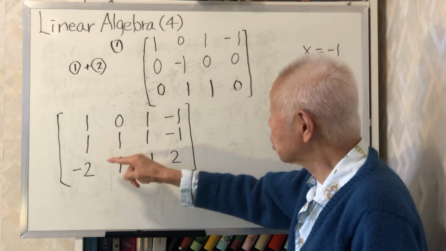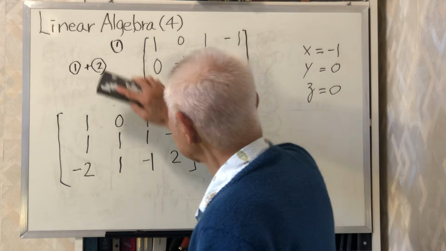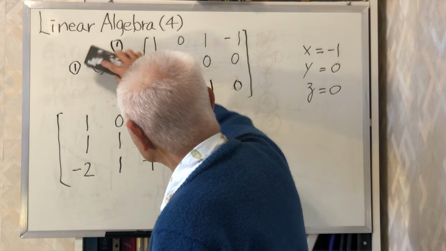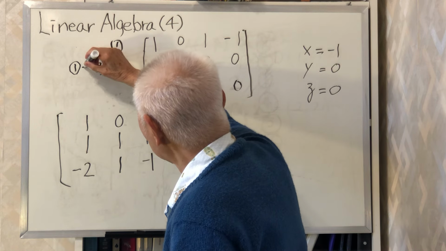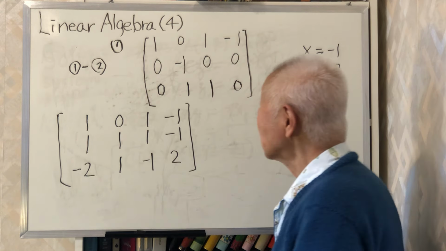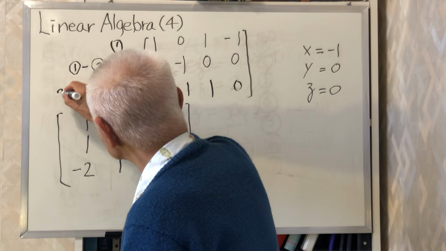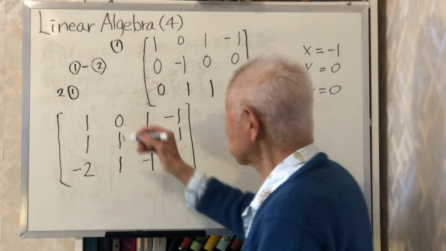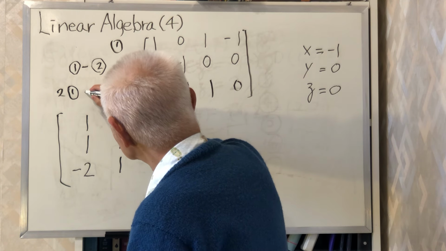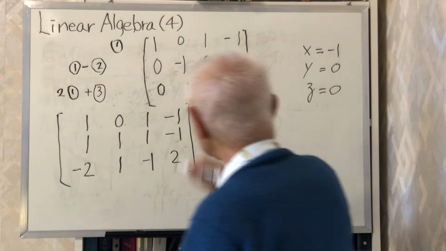Oh no, it's not plus, I'm sorry, row 1 minus row 2. And this row, I get 2 times row 1 plus row 3. So I have this.